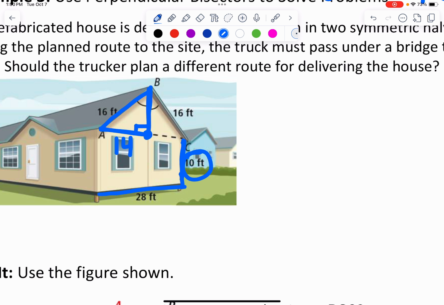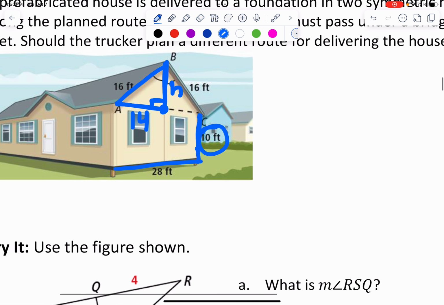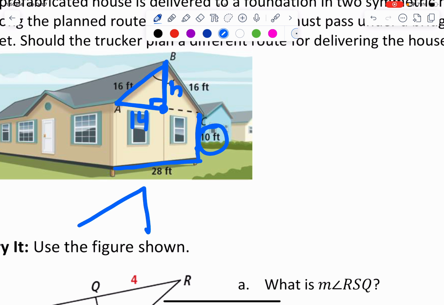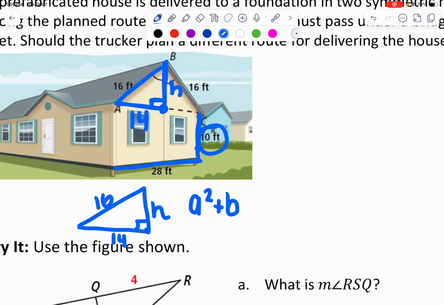Here's the deal. This is a right angle right there, and I'm trying to find the height. If I pull this triangle off, I have this right here is 14, this is 16, and this is the height. I can use the Pythagorean theorem, a squared plus b squared equals c squared. So a could be 14, b could be h, and c has to be 16 because it's the diagonal.